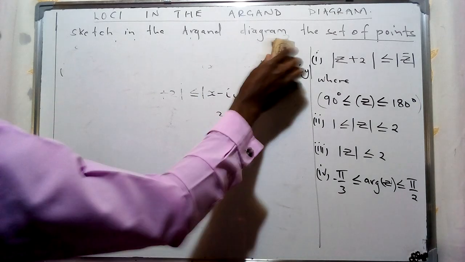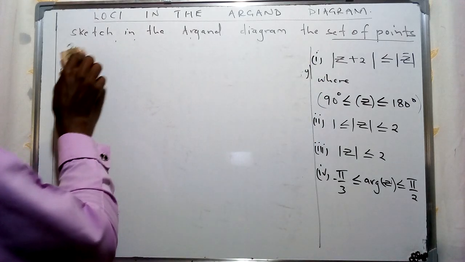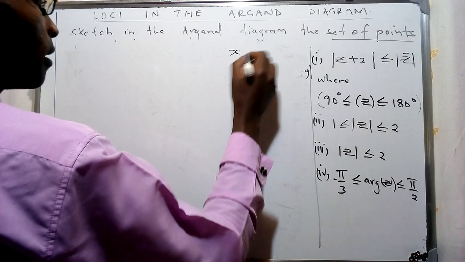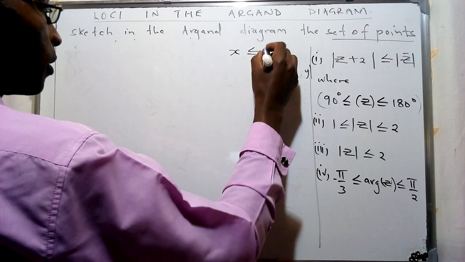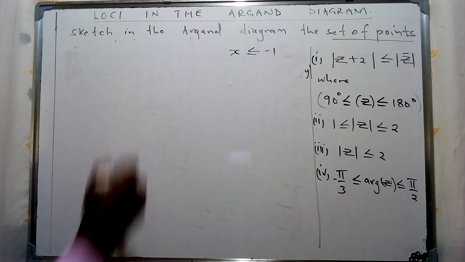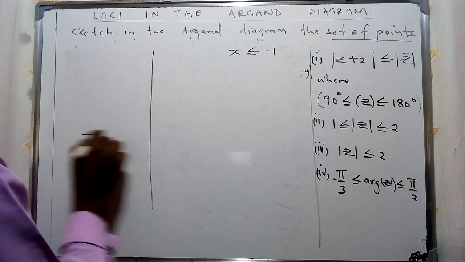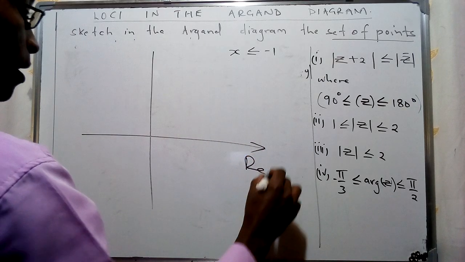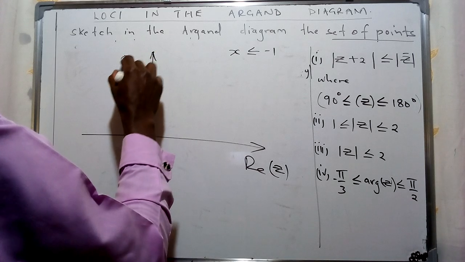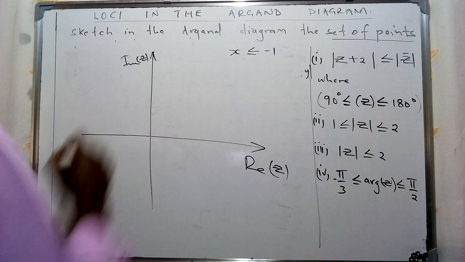So x is smaller than or equivalent to negative 1, given as such. And we have this representation for the Argand diagram, whereby we have the real component of the complex number and the imaginary component of the complex numbers.